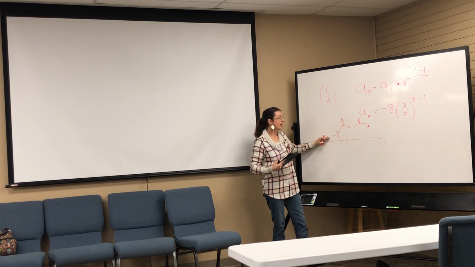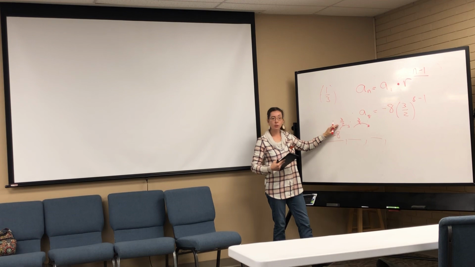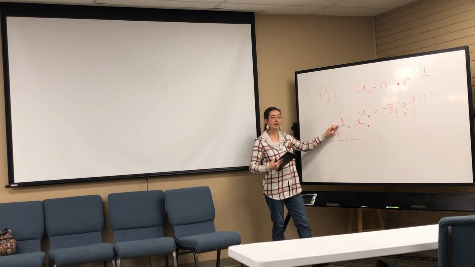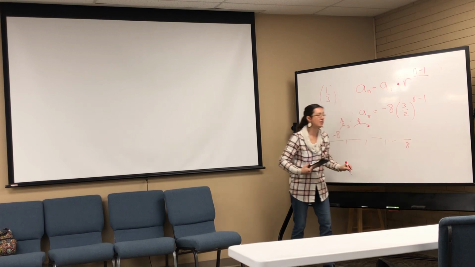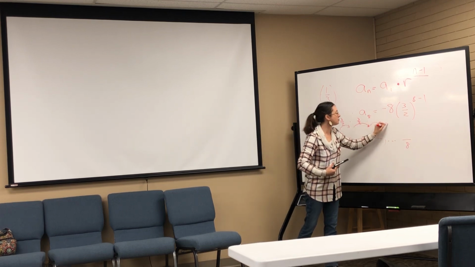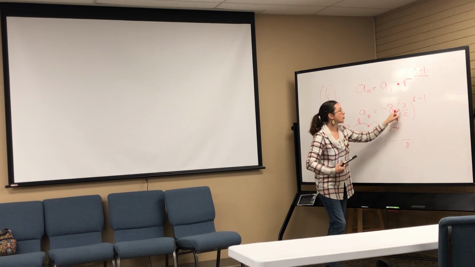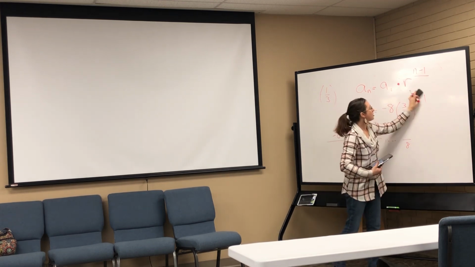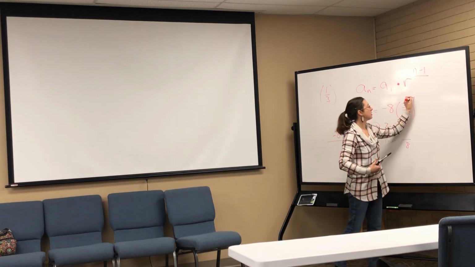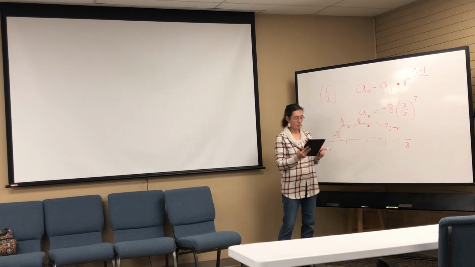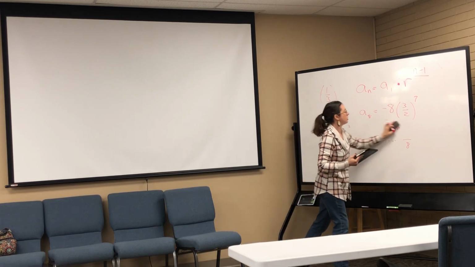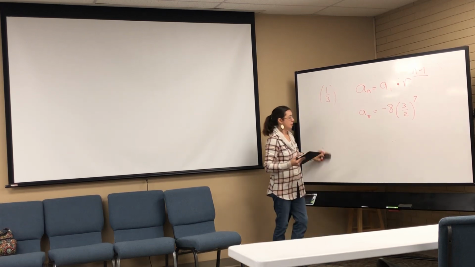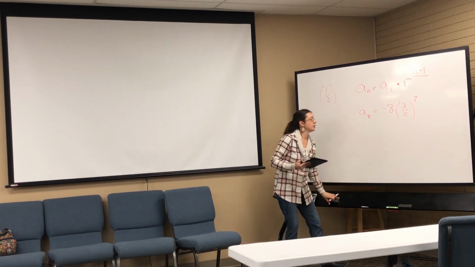So we're starting at -8. We're jumping by 3 over 2. How many times to get to number 8 down here? 7. So we're going to have 7 jumps. So we're going to have 3 over 2 raised to the 7th. Right? So at this point, it's just a matter of plugging in numbers, right?